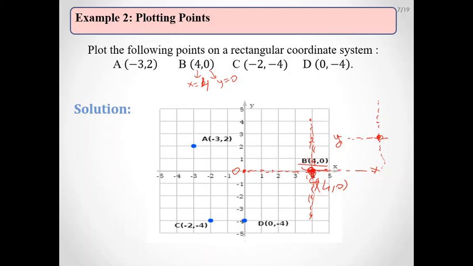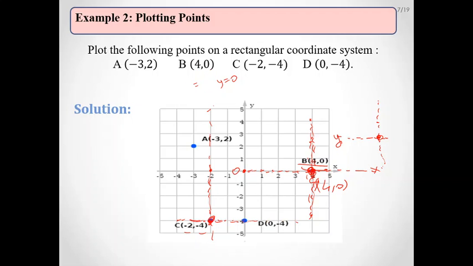And negative 2, 4: you find negative 2, make the vertical line, and 4 from the y-axis, so you make this horizontal line, and then their intersection is the point.